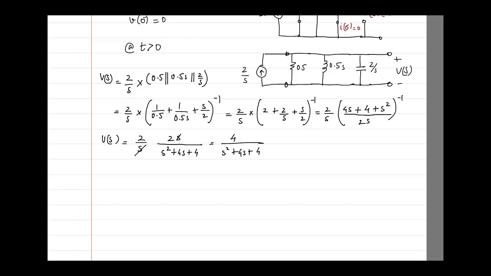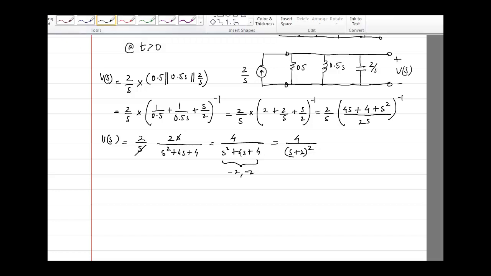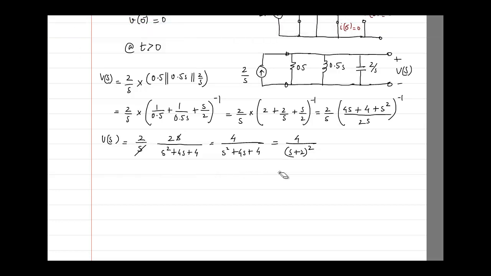Now if I take the factors of this, you can use the calculator to solve the quadratic equation, and you will get the factors as minus 2 and minus 2, which becomes s plus 2 the whole square. So 4 divided by s plus 2 the whole square.